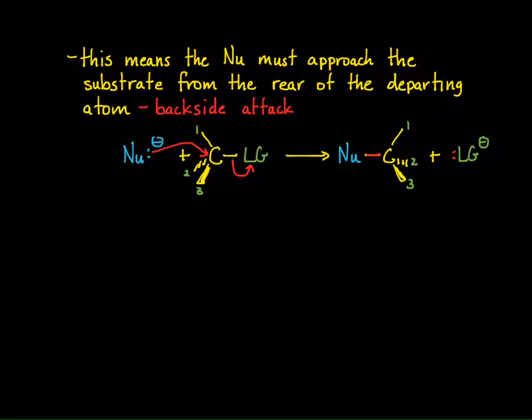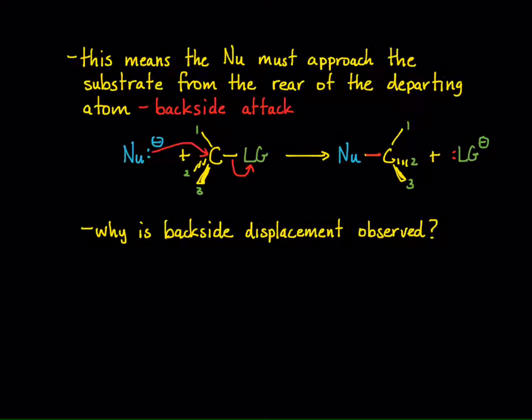Now we should always ask ourselves, why do we only see inversion of configuration? Why, therefore, is backside displacement the only thing observed? And where do we go to look for an understanding of this? That's right, MO theory.